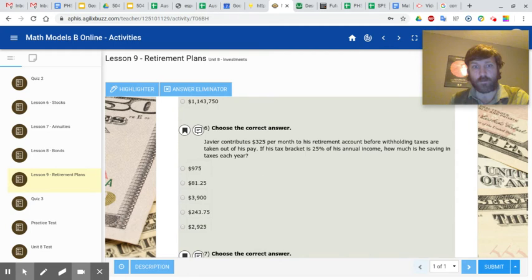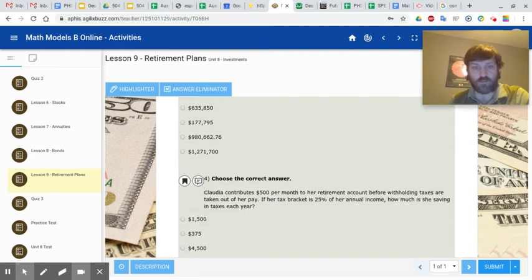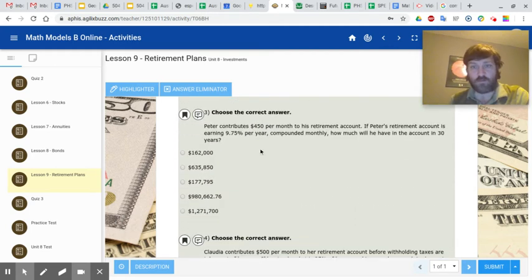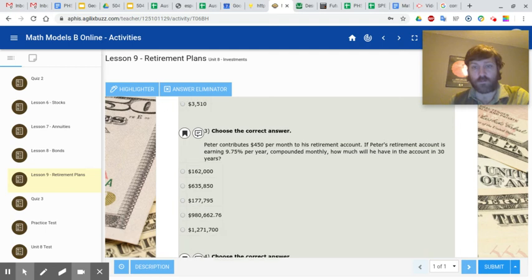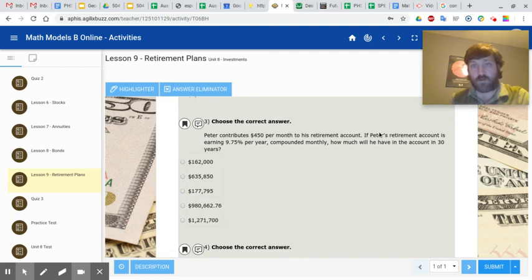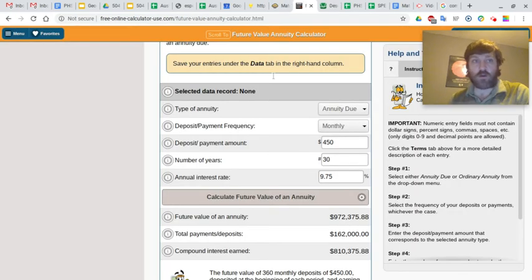Then we'll look at the retirement account question. It says here, Peter contributes $450 per month to his retirement account. Peter's retirement account is earning 9.75% per year, compounded monthly. How much will he have in the account in 30 years? So we're going to do this using the same annuity calculator that we used before.